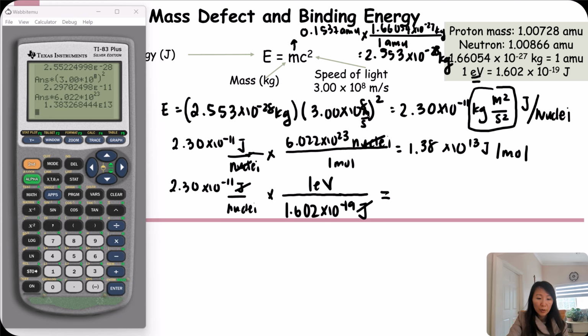I'm going to calculate this. I'm going to have to go back and type in everything: 2.30 times 10 to the negative 11, parenthesize, and then divide that by 1.602 times 10 to the negative 19.